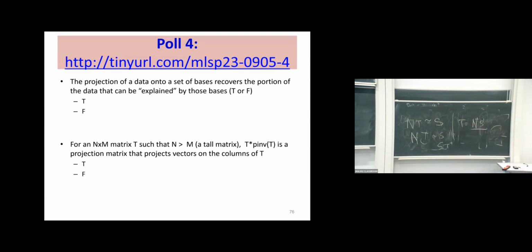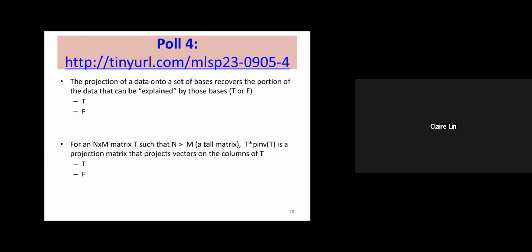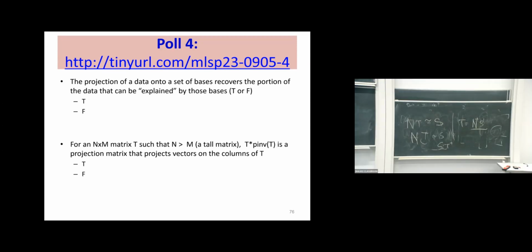I'm going back to abstraction. What was T times pseudo inverse of T? Think of this: if T is my matrix of nodes, T times pseudo inverse of T is the projection matrix that told you how much of the music was explained by those four nodes, correct?